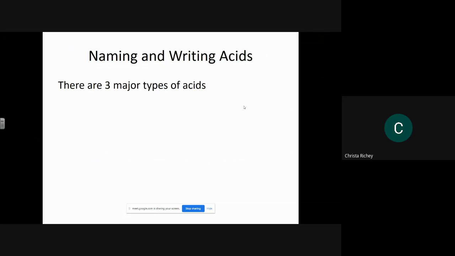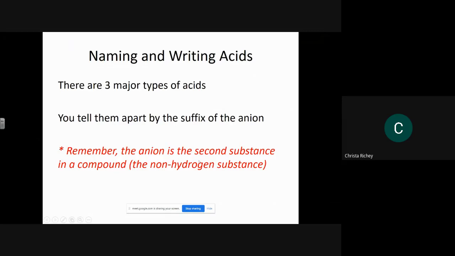Okay, so there's technically 4, but there are 3 major types of acids. The way that I was taught how to do this, both when I was your age and all the years that I have taught chemistry, is that to tell which of the 3 major types of acids they are, you look at the thing that is not the hydrogen in the front. So it might just be one element like nitrogen.